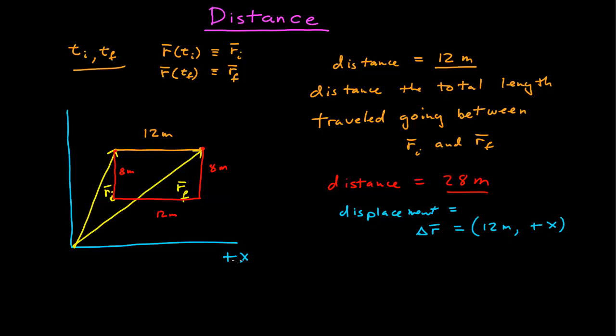I didn't really label my axes here. Plus x, plus y. My displacement vector looks like that blue vector. It has a magnitude of 12 meters, and it points along the positive x-axis. It's a vector. But my distance, which is not a vector, is a scalar, is the total length traveled, and in the first case was 12 meters, in the second case 28.